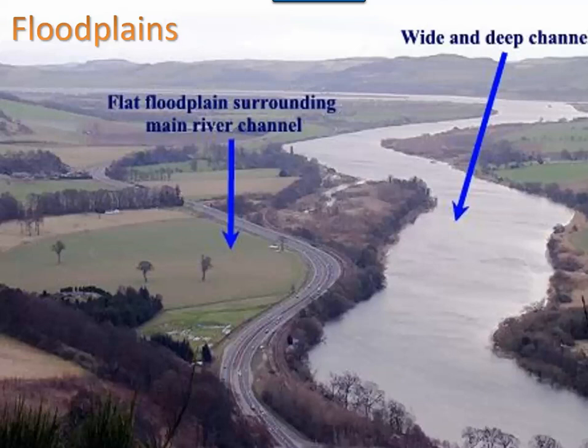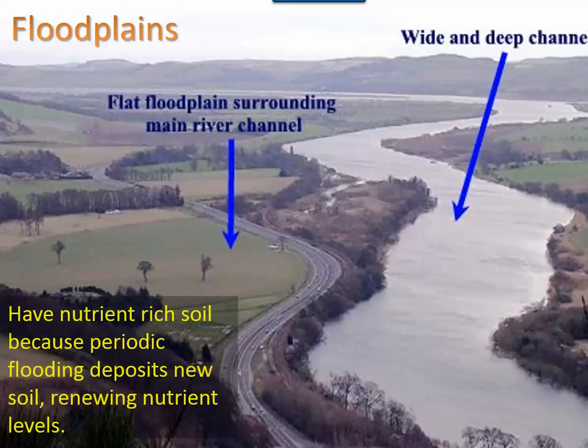Let's talk about floodplains for a moment. This is where we find some of the richest topsoil, and for the reason that floodplains have nutrient-rich soil because periodic flooding deposits new soil, renewing nutrient levels. So whenever there's a periodic flood that might happen every 10 or 100 years, the river can overflow its banks, going into the floodplain, the flat area next to it, and it will leave behind some of the sediment or dirt that it's been carrying, and that would have been picked up a long way back from some other area.